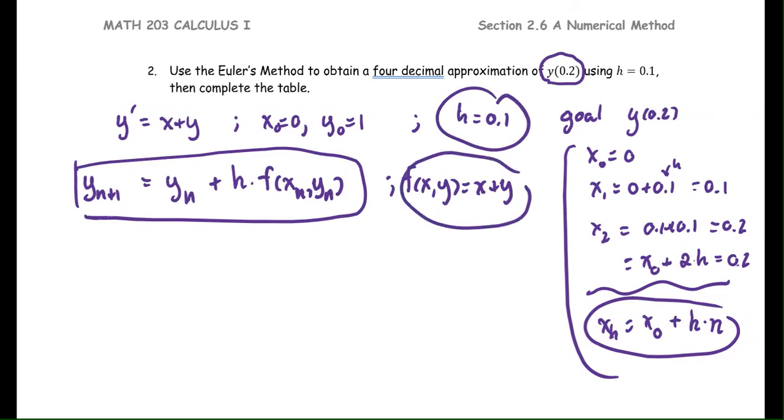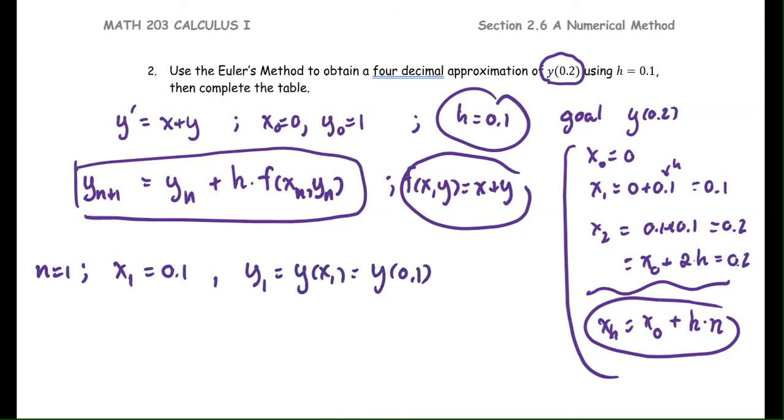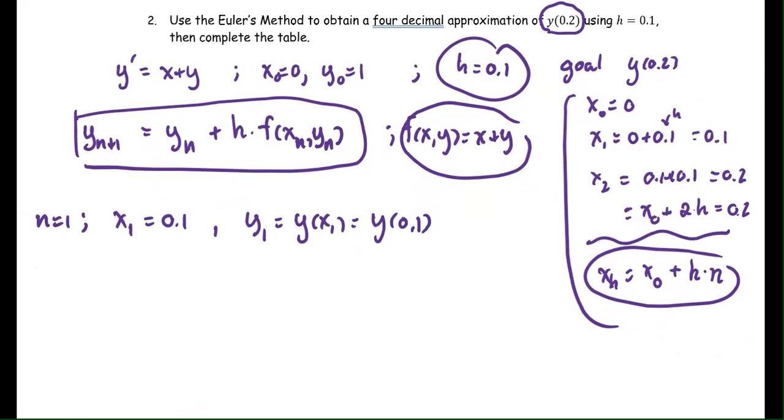So these two are the key things that we're going to use in the process to find y1, for n equals 1. That means x is going to be x1, or 0.1. And at the end of the goal, we're going to get y1, which is y at x1, which is y at 0.1. Okay, or halfway through the process. To get y1, we're going to use y0 plus h, the step size, multiplied by the function at x0, y0.